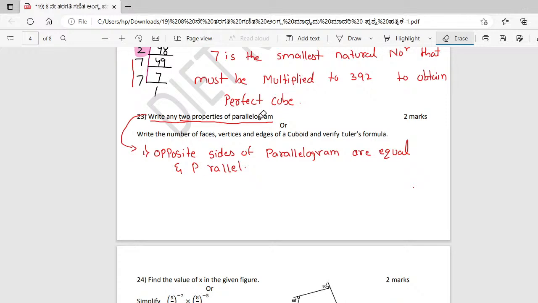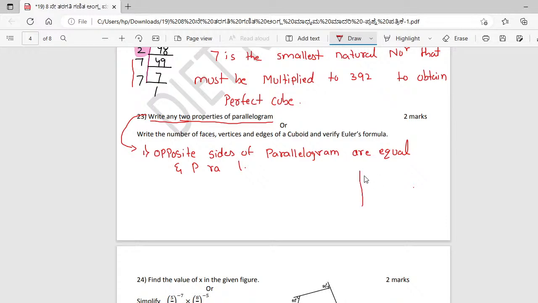Next, write the number of faces, vertices and edges of a cuboid and verify Euler's formula. Let us first draw the cuboid figure. I hope everybody knows what a cuboid looks like.